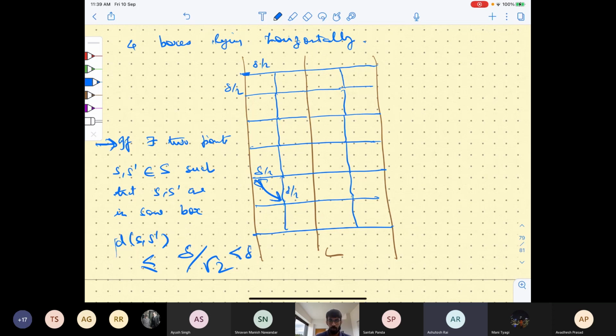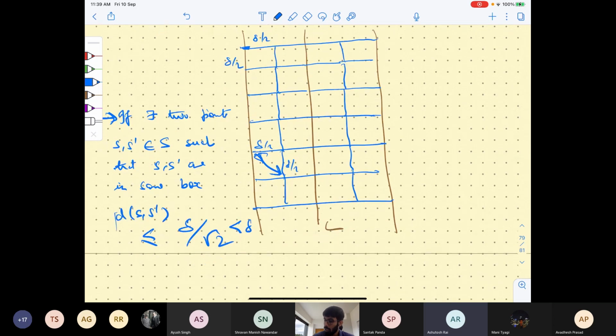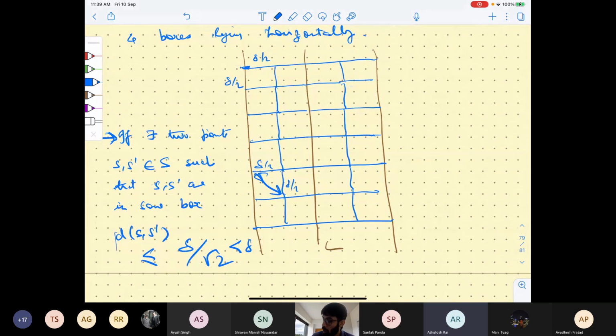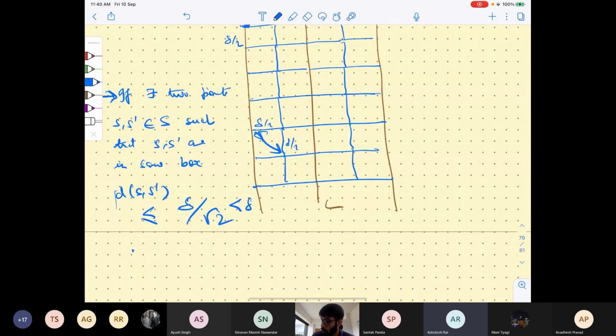Right? So if there exist such two points, but the way these boxes are formed, no box contains points of both Q and R. So what does this mean?